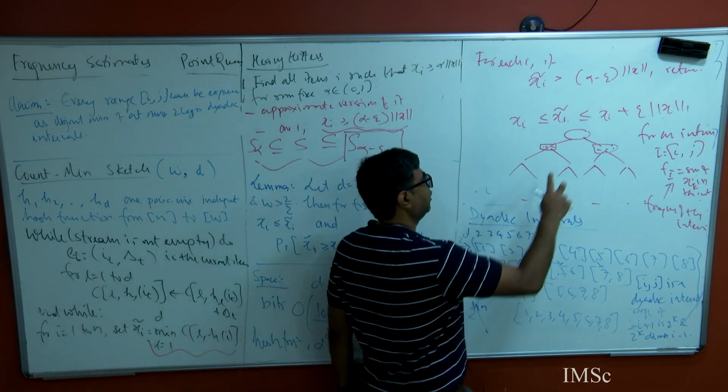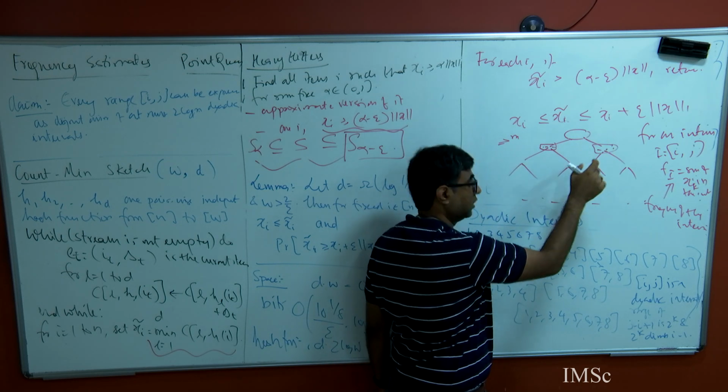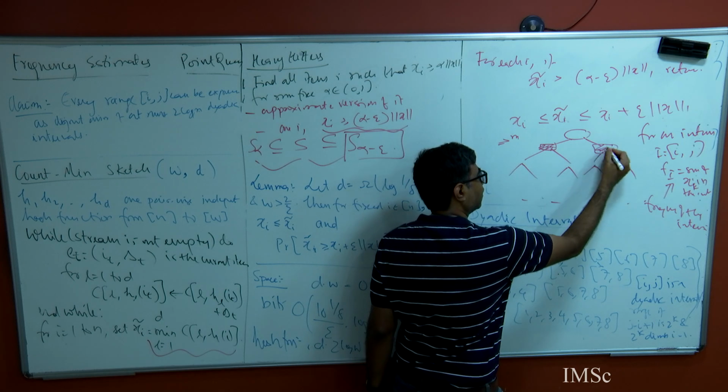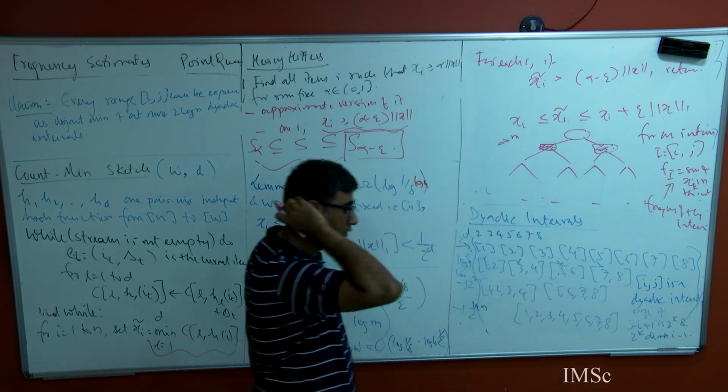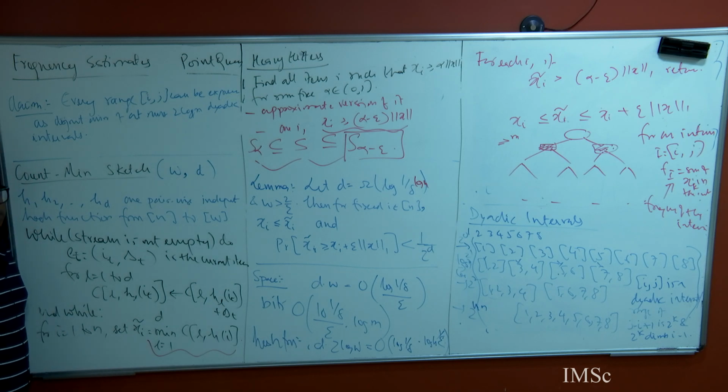Is it possible that the whole frequency here is more than m by k, because this is m, but these two children will have value less than m by k? No. But if it has value less than m by k, what does it mean? It definitely does not have any xi whose frequency will be too much. So I should just follow my child wherever my child takes me to.